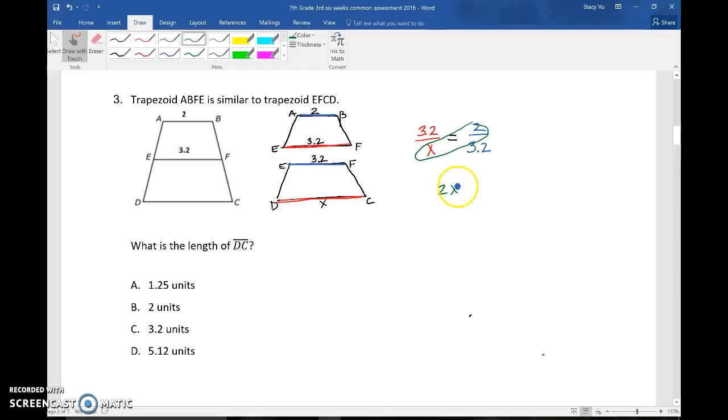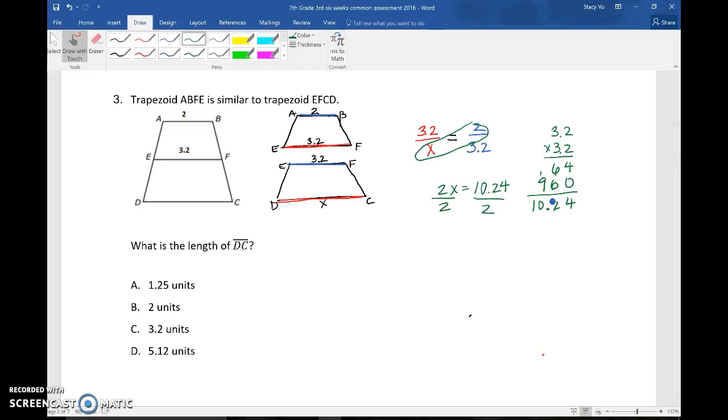So 2x equals 3.2 times 3.2. 2 times 2 is 4, 2 times 3 is 6, put a 0, 2 times 3 is 6, 3 times 3 is 9, 4, 6 plus 6 is 12, 10.24. Now I need to divide it by 2.